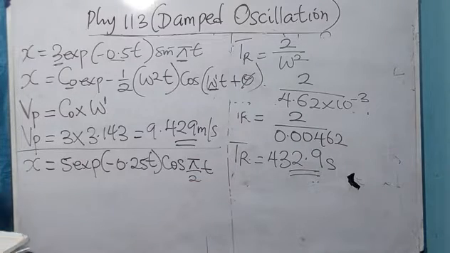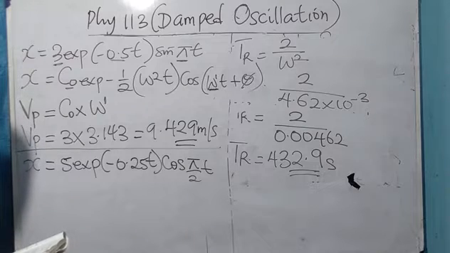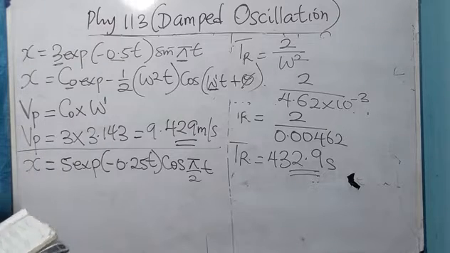Find the magnitude of the particle velocity at an oscillating point at t equals 0. We have to calculate the particle velocity.